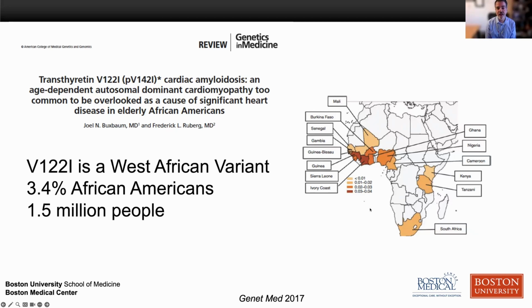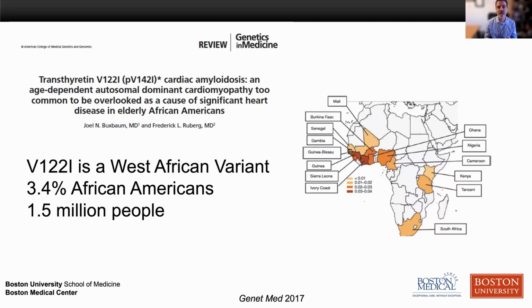And owing to the reprehensible abduction of people from West Africa and transport to the Americas and then the United States, V122I is a variant that occurs in the US at a very high frequency. In fact, up to 3.4% of African Americans, or 1.5 million people, carry this variant.